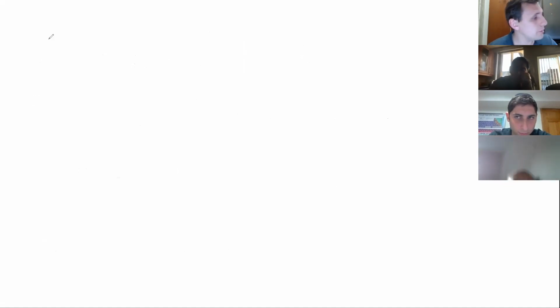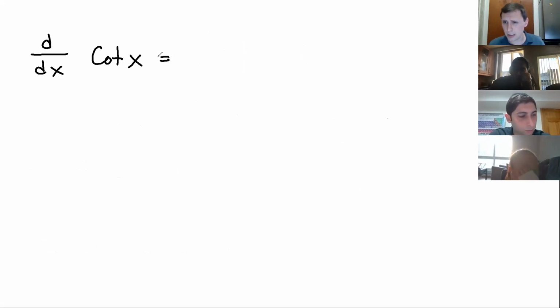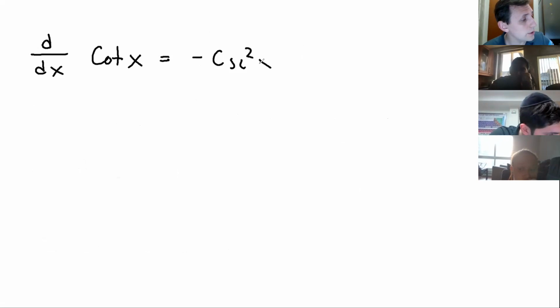Now, guys, it's up to you to verify the following 3 identities. We will not do them now. We can, if you want, talk about it after class in office hours. But the derivative of cotangent. Cotangent is a very similar function to tangent, so you expect the derivative to look alike. So the derivative of cotangent is going to be minus cosecant squared x.